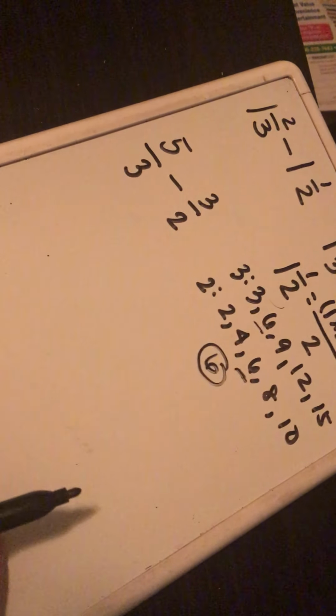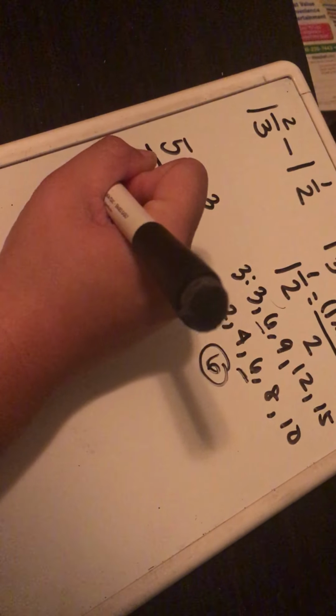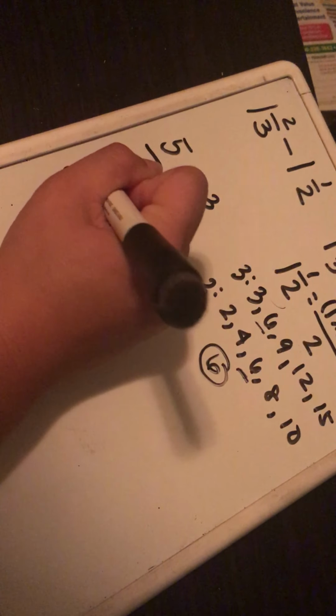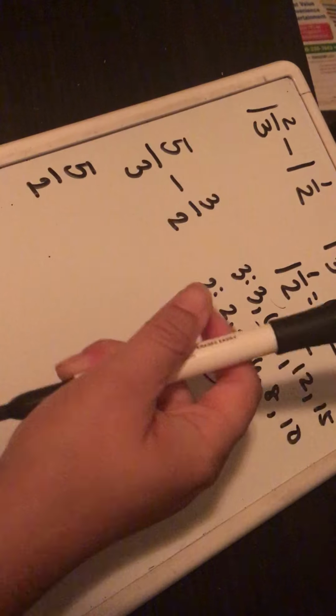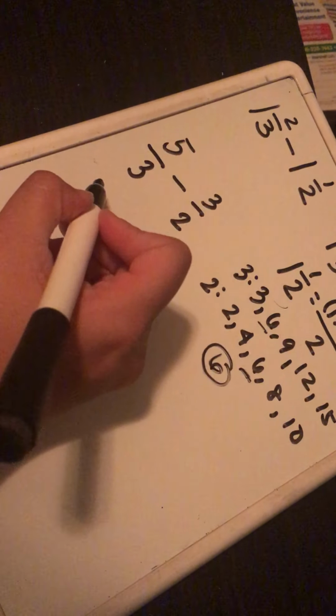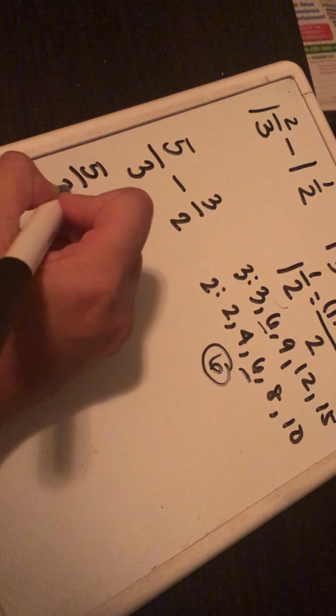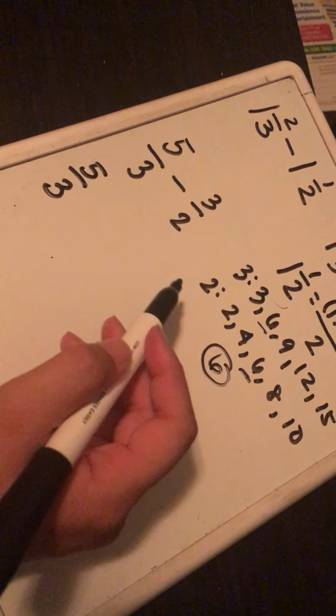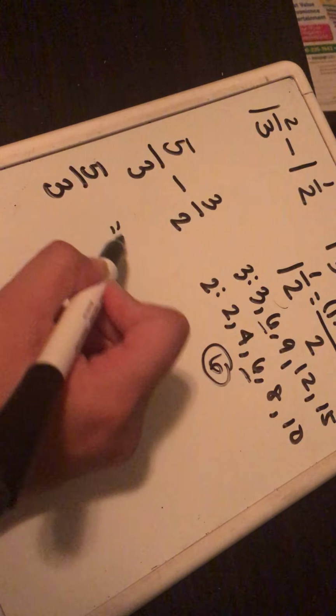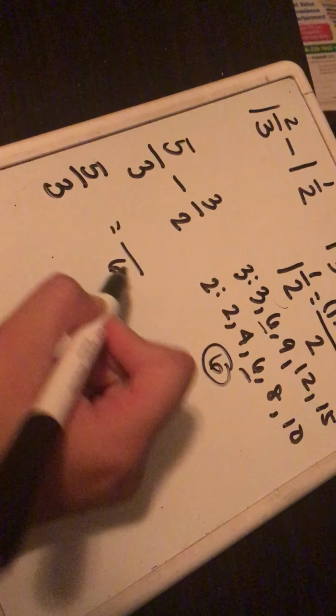Okay, so that will be our new denominator. Let's start with 5 over 3. We need to convert this fraction to another fraction where the denominator is 6.